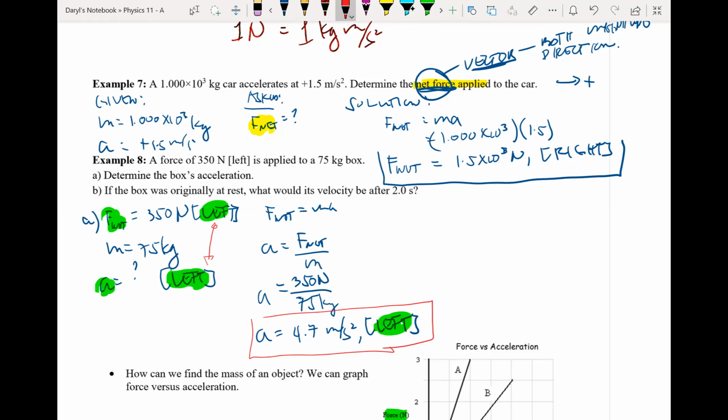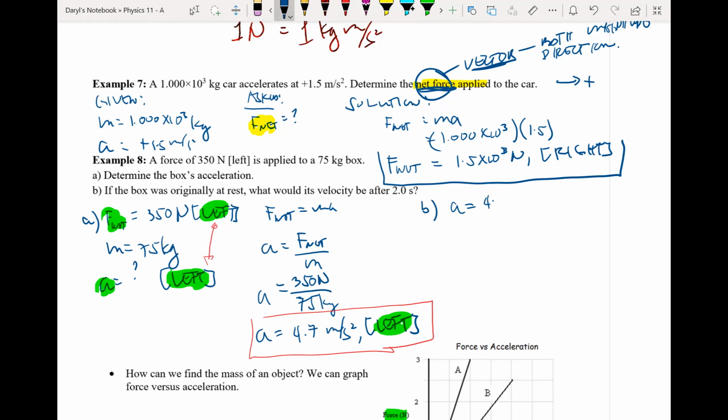For the second question, this is where your learning, or at least what you already know in kinematics, comes in, because letter B is a kinematics question. If the box was originally at rest, what would be its velocity after 2 seconds? Well, you would assume that if the net force is constant, the acceleration is also constant.